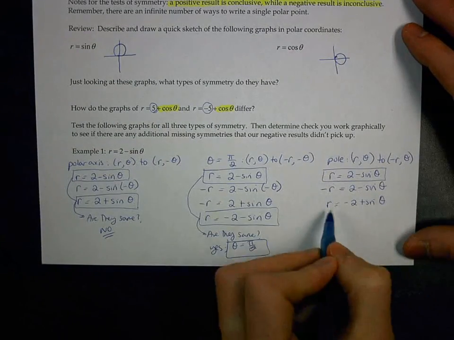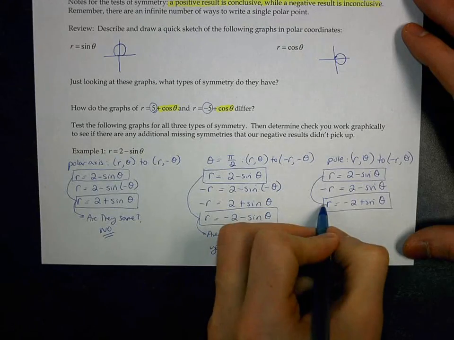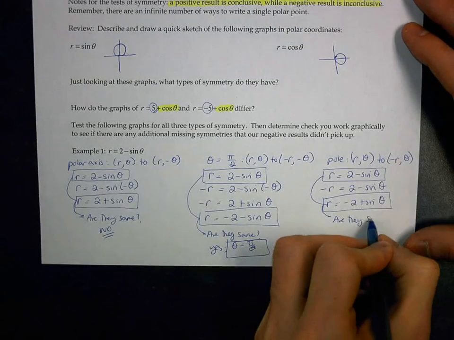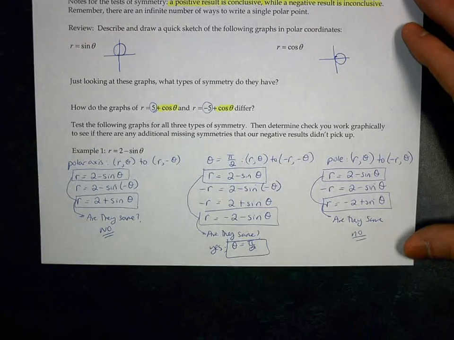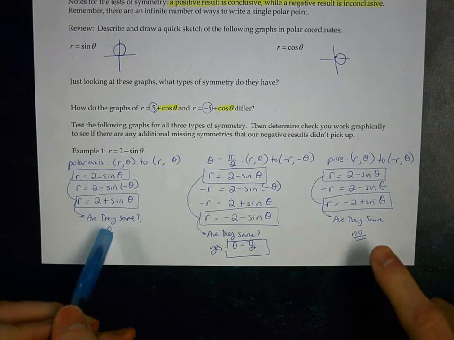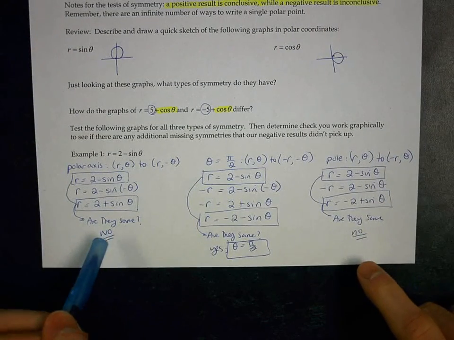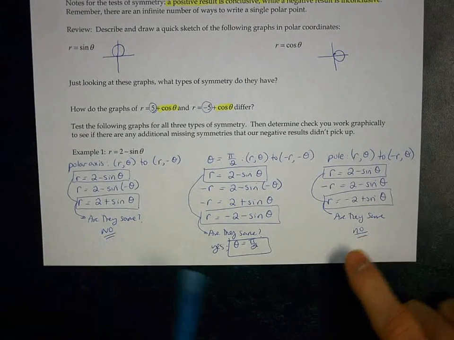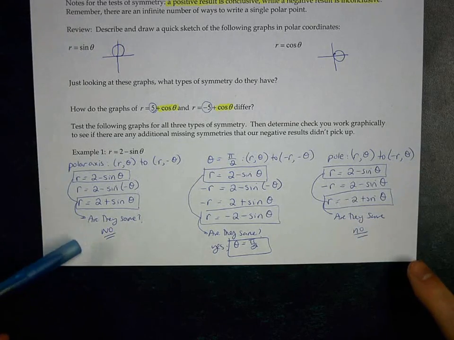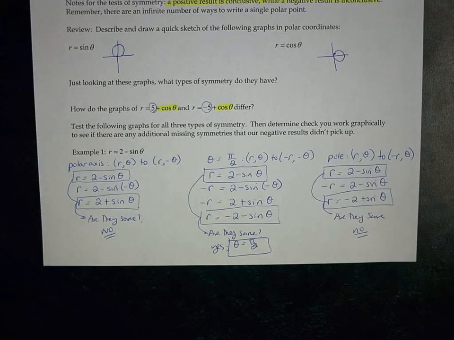I can make the comparison here, and I can see, are they the same? And no, they aren't the same. So this one most likely does not have pole symmetry. If I plug it into my graphing calculator, I can confirm these definitely don't have polar axis symmetry or pole symmetry. It only has theta equals pi over 2. But once again, algebraically, we can't definitively rule them out. We can just say most likely they don't have those types of symmetry.